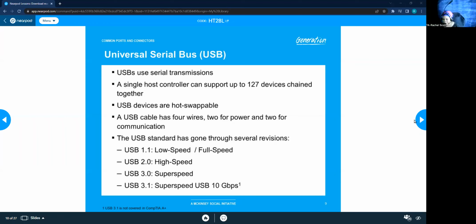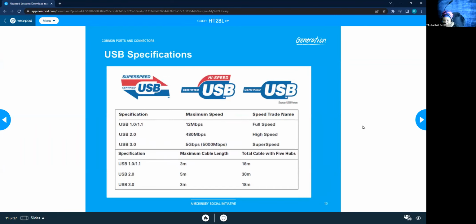So the next slide, I think you should take a screenshot. I'm just letting you know in advance. Because here it is giving you specifications, maximum speed. And we were talking about previously, in the previous slide, the full speed, high speed, super speed.